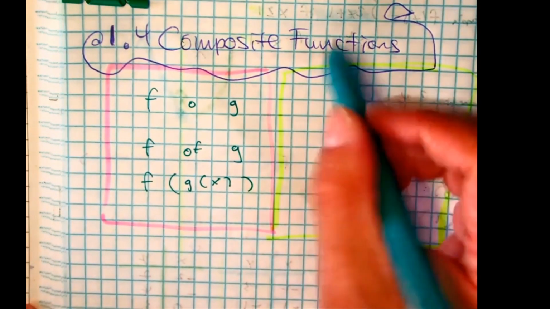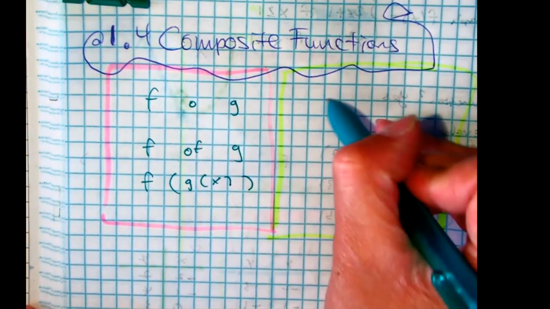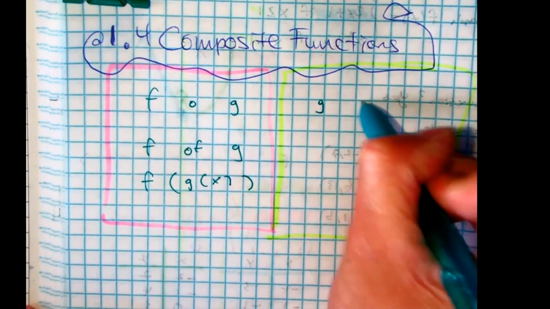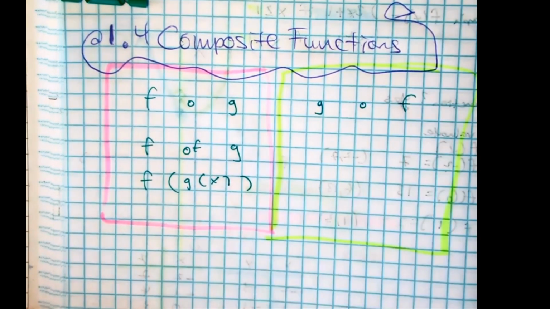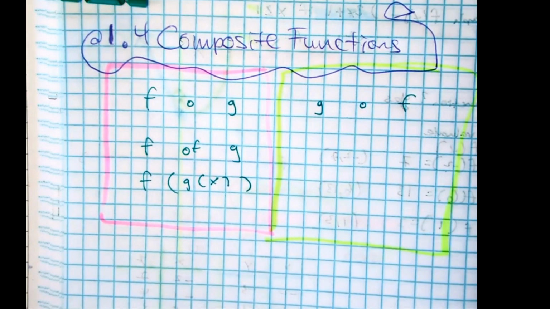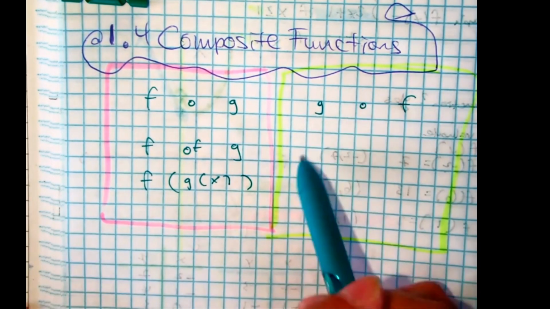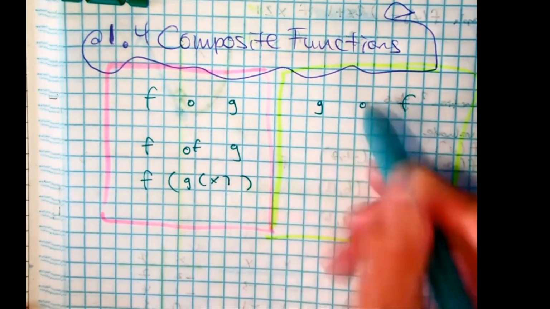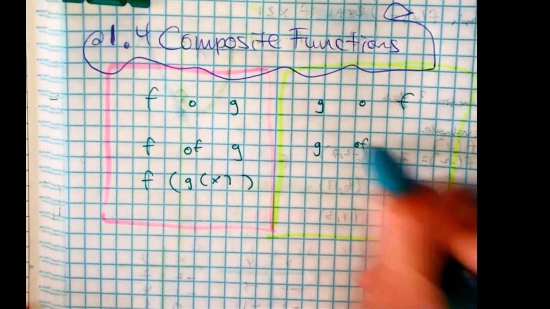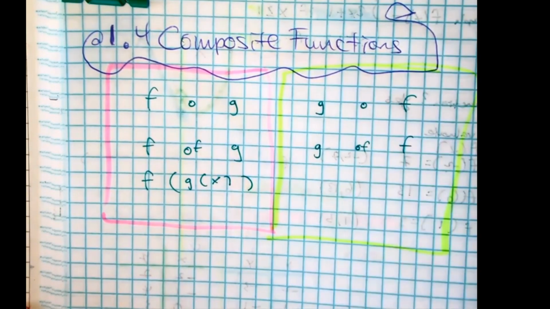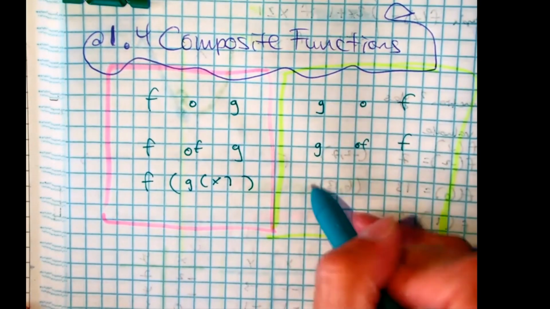Okay? So if I switch the letters around, if I wrote this, golf, it's playing really well right now. What would I write here? G, and then the word of, F. And how would I write that in function notation?